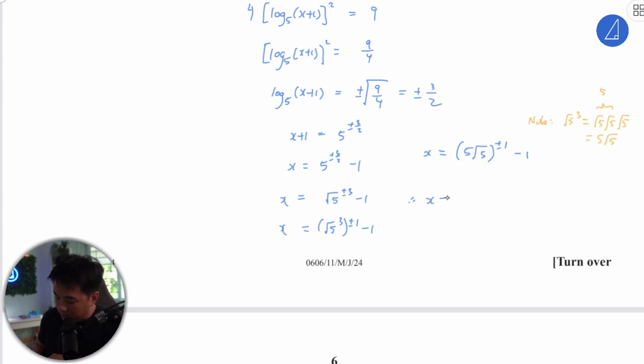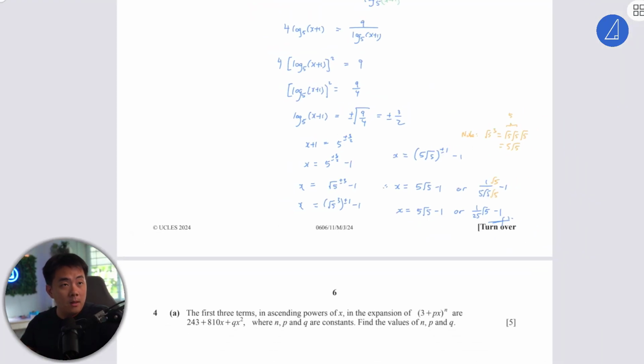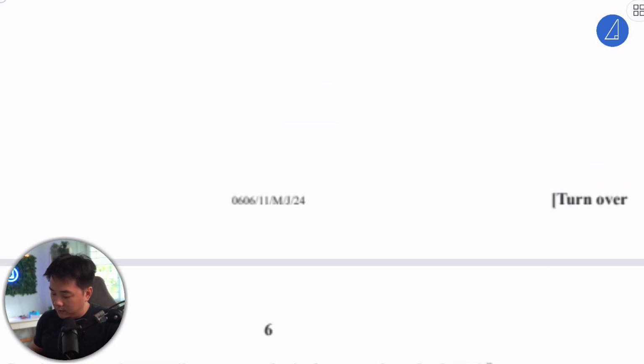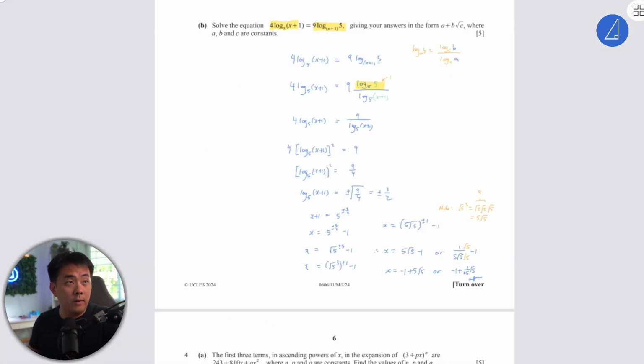Hence, x will just be equal to 5 root 5 minus 1, or 1 over 5 root 5 minus 1. We could multiply by root 5 over root 5 to rationalize the denominator, so x will be equal to 5 root 5 minus 1, or root 5 over 25 minus 1. That's how we need it in the form a plus b root c, so I'll just move the constant to the front. There you go.